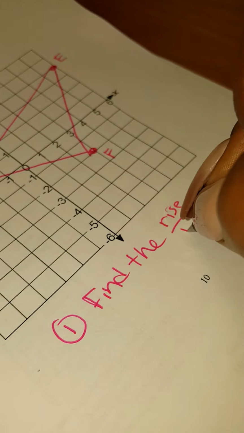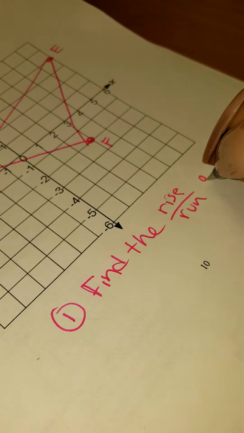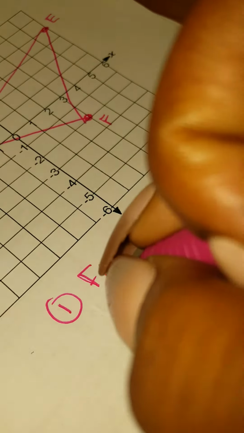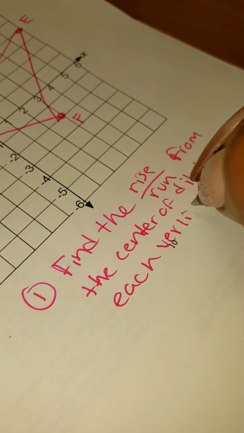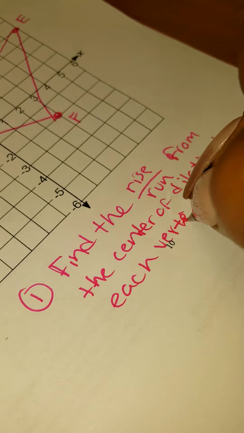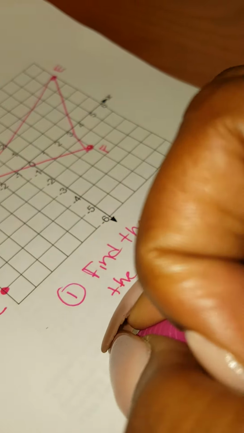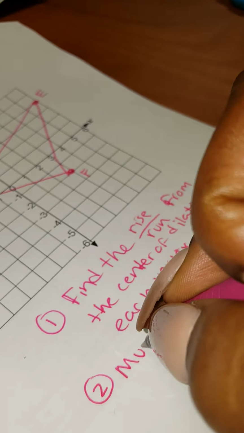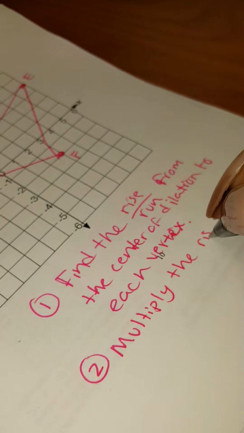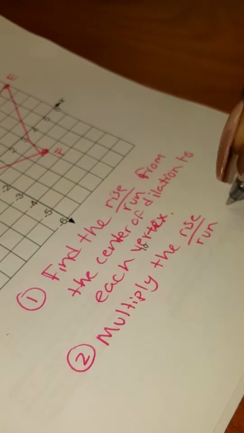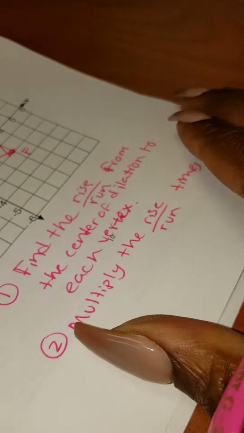I'm going to say find the rise over run from the center of dilation to each vertex, and then multiply the rise over run times the scale factor.